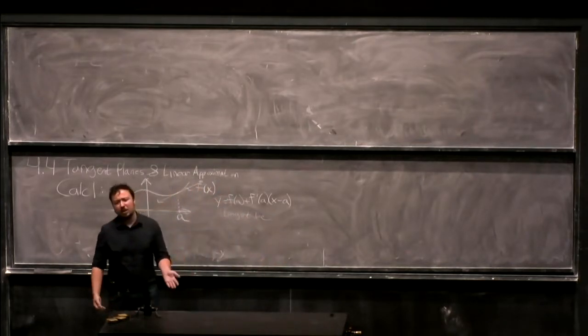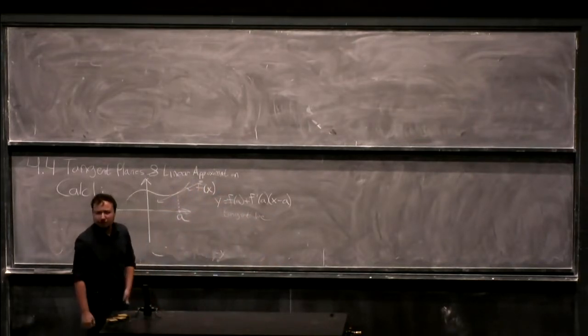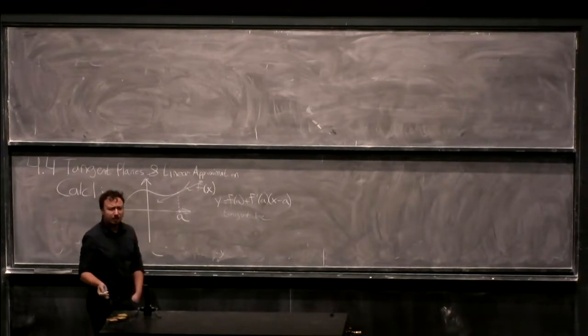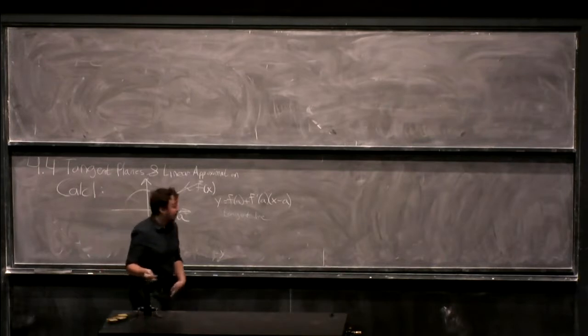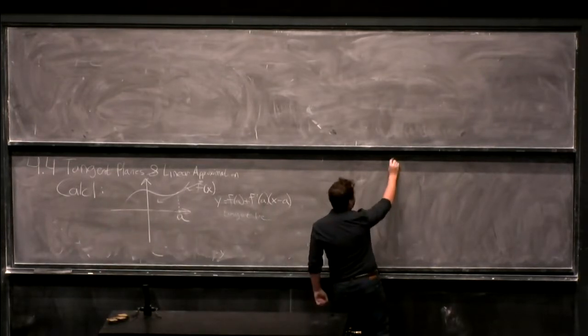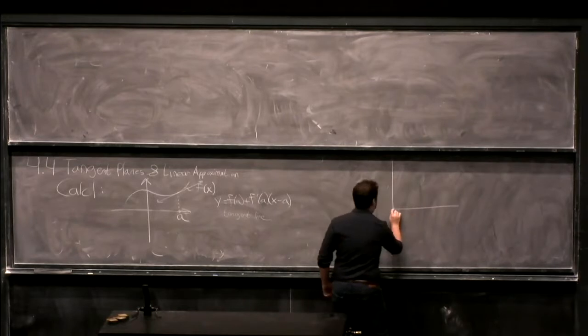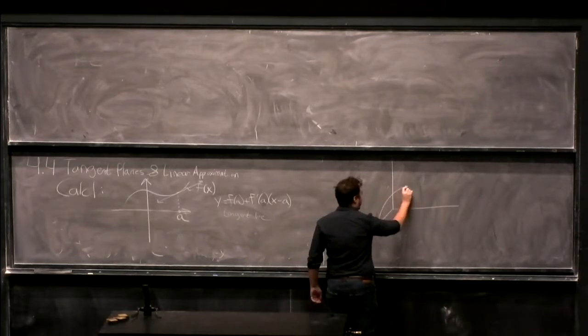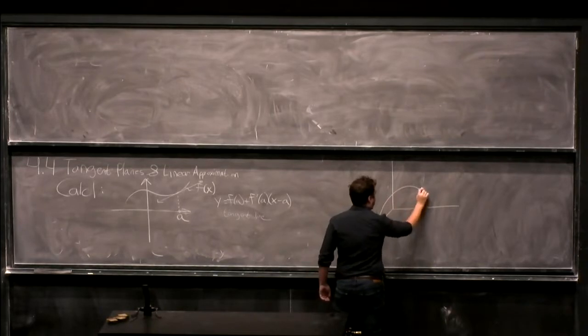But we're finished with Calc 1 now. We're trying to do Calculus 3. And rather than have a tangent line, now we're going to have a tangent plane. So if I draw some sort of 3D shape, so we have our 3D axes, maybe let me draw an ellipsoid or something.